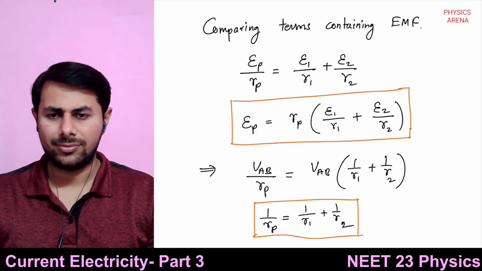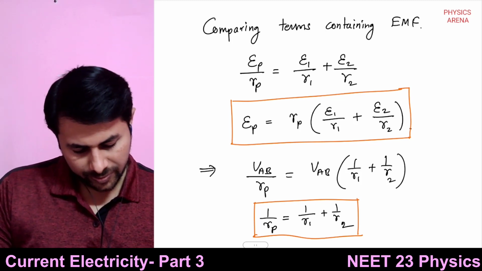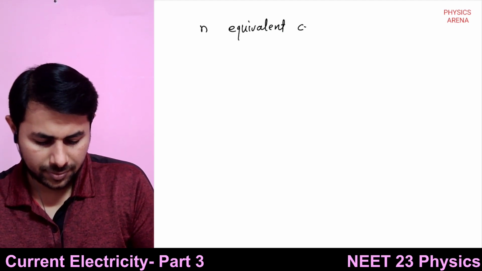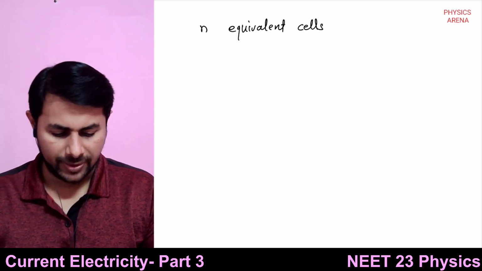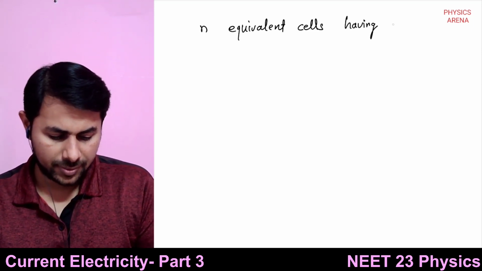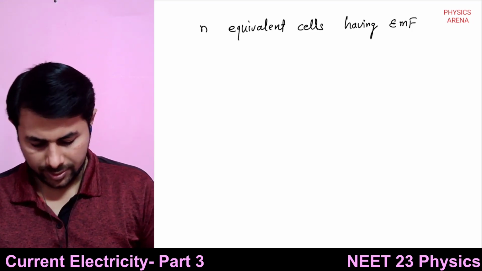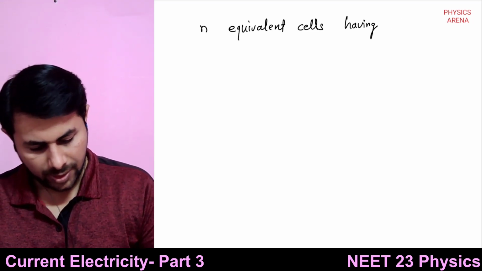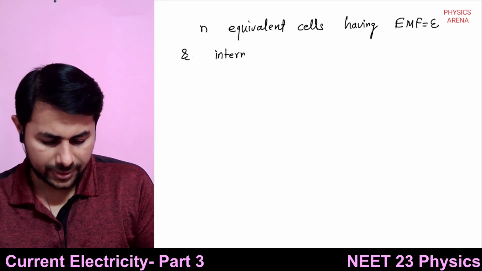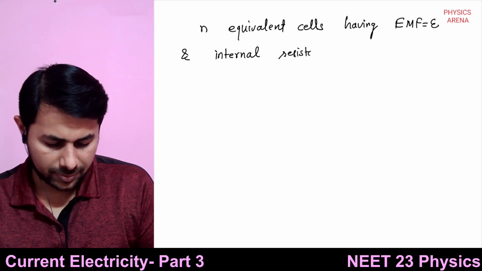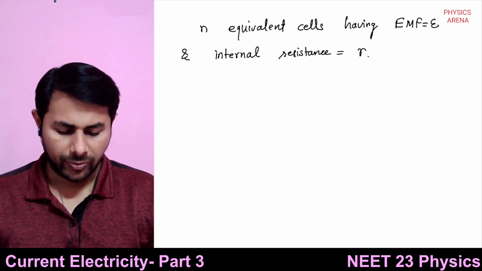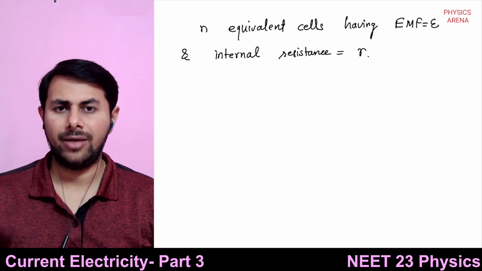And this is the formula for EMF in a parallel combination. Got it? We can say, for n equivalent cells, if n cells are identical, each having EMF epsilon and internal resistance R, what will be the net EMF?